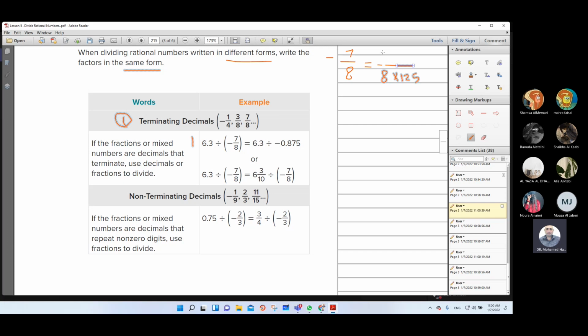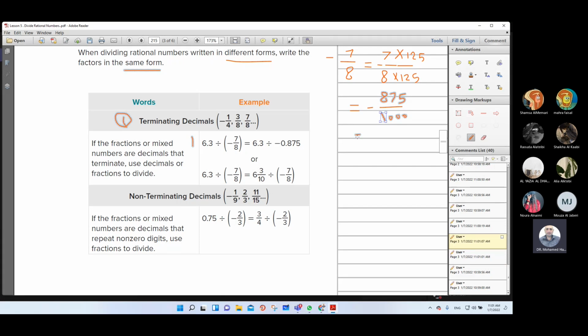So multiply up and down by 125. So 7 times 125 will be 875. And 8 times 125 will be 1000.